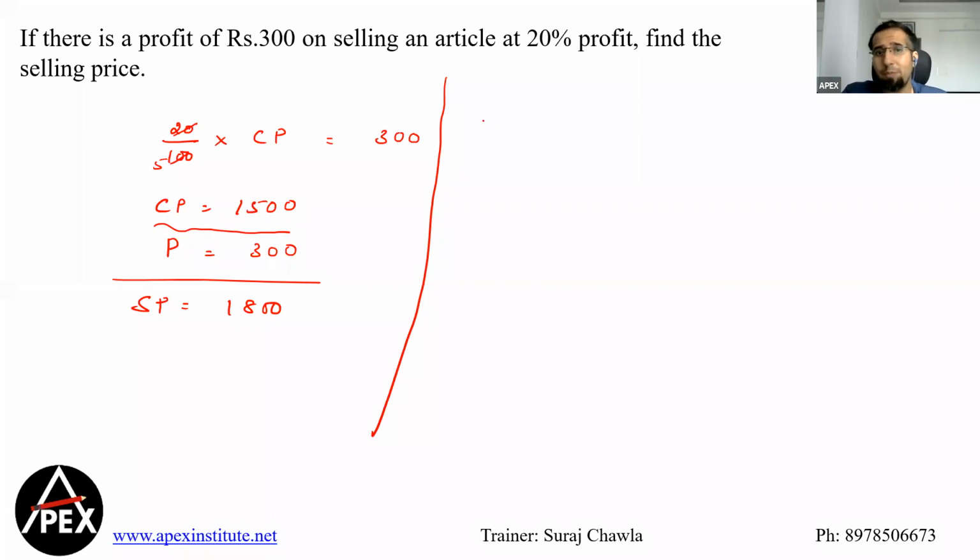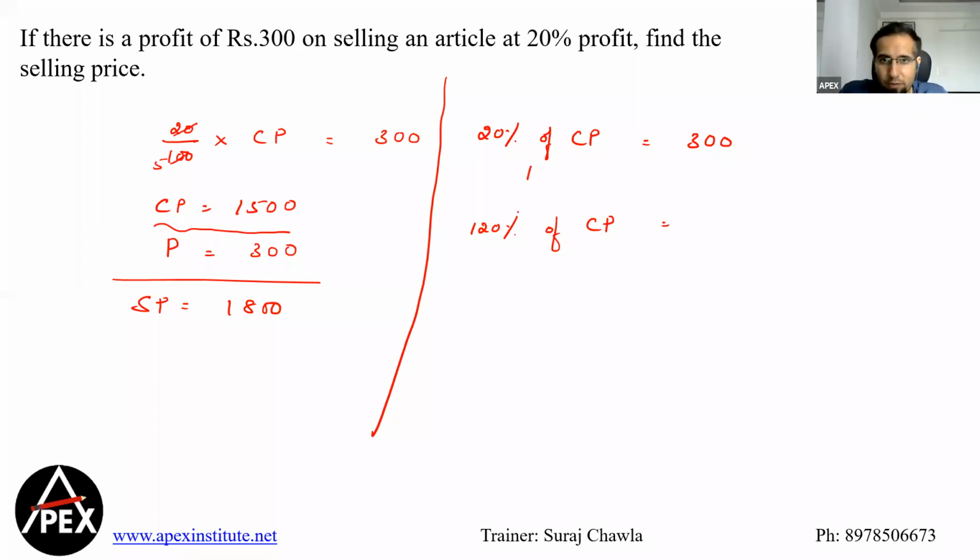So what would I do had I been at your place? I would have done, if 20% of CP is equal to 300, okay? Now the profit of 20%, can I say my selling price is nothing but 120% of CP? This is what we are supposed to calculate.